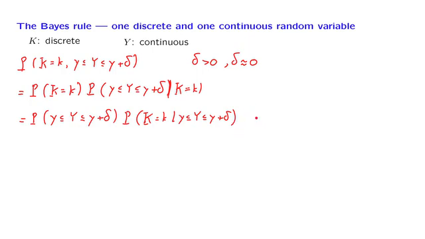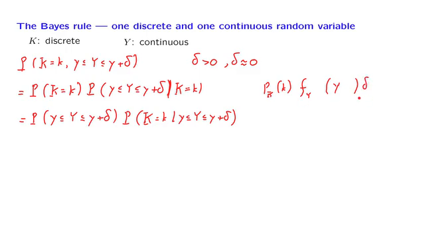Let us rewrite those expressions using PMF notation and PDF notation. What do we have here? The probability that a discrete random variable takes on a certain value, that's just the PMF of this random variable evaluated at a particular point. And what do we have here? The probability that a continuous random variable Y takes values inside an interval is always approximately equal to the PDF of that random variable times the length of this interval.